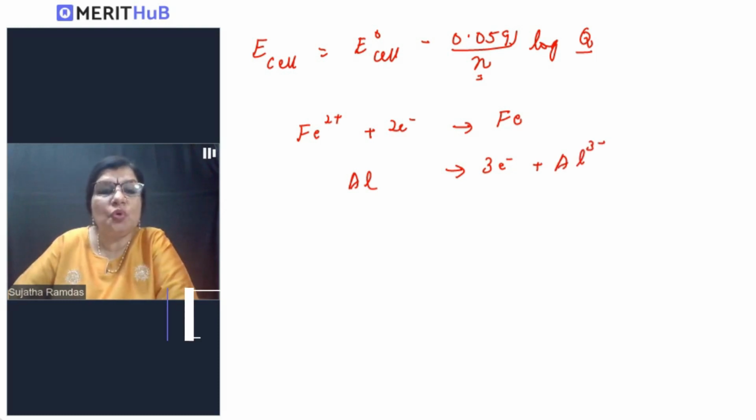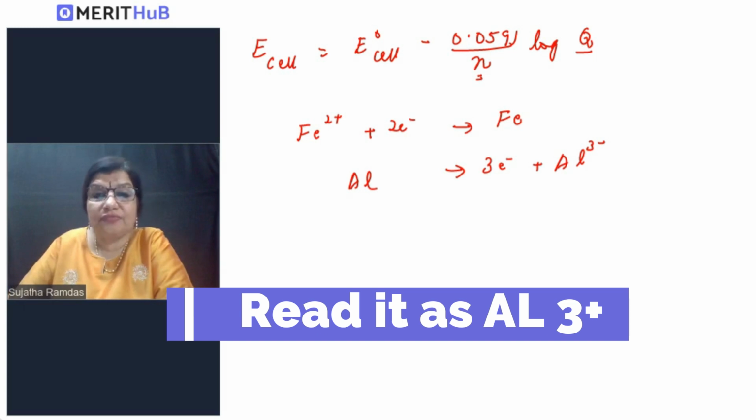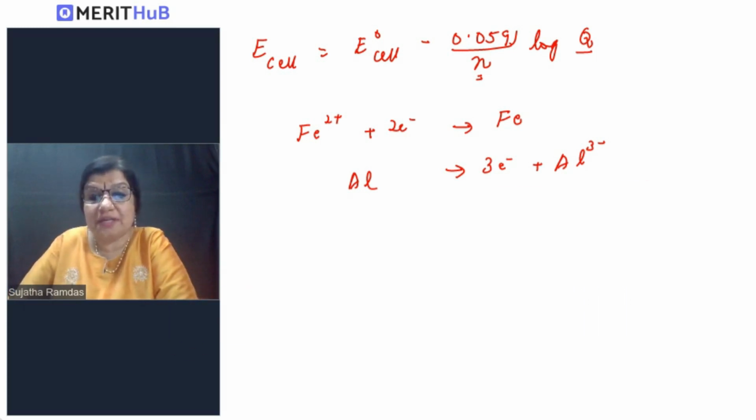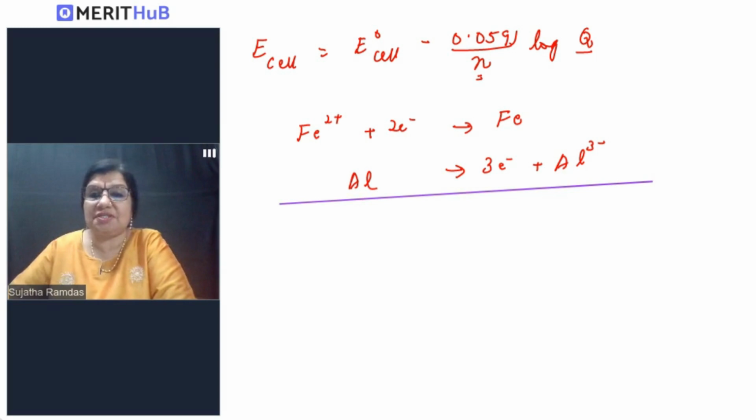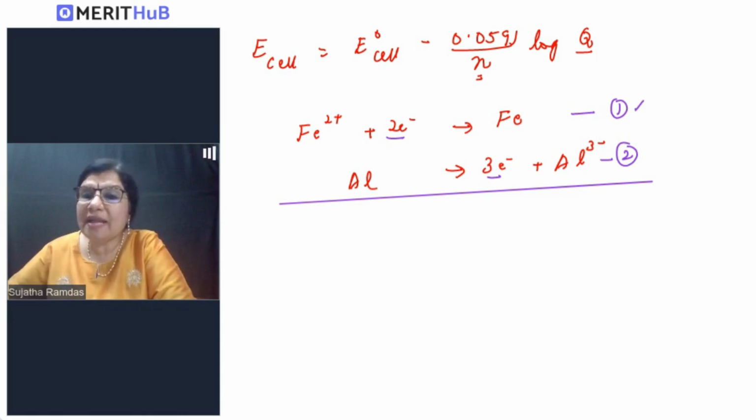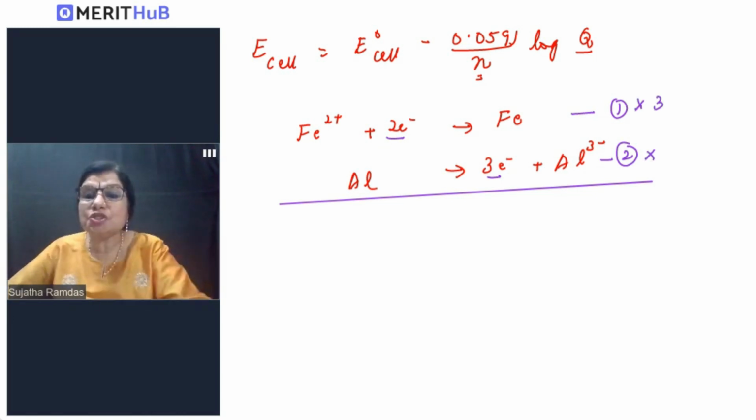Now we have to get the redox equation by modifying the two equations. So this is equation 1 and this is equation 2. We have to modify the two equations in such a way that the electrons get cancelled out. So we multiply the first equation by 3 and the second equation by 2, right?